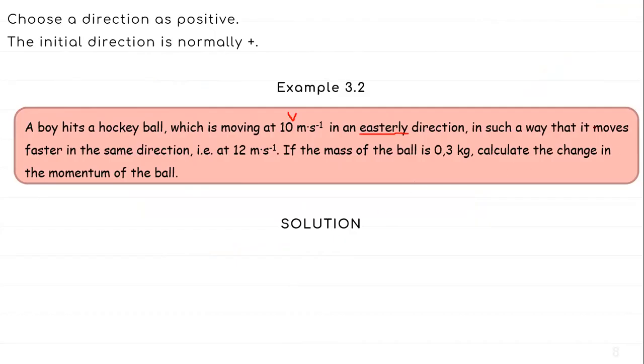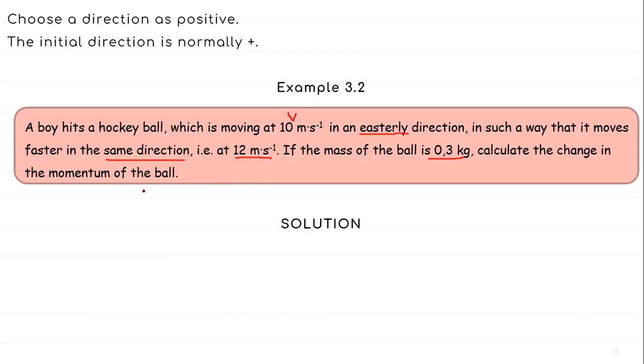It moves faster in the same direction, that is at 12 meters per second. Right. Now they also told us that it is in the same direction. If the mass of the ball is 0.3 kilograms, calculate the change in the momentum of the ball.